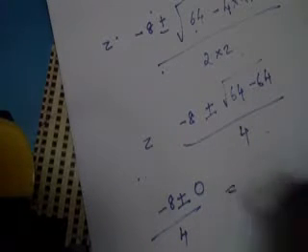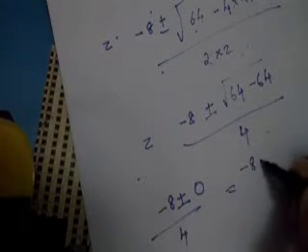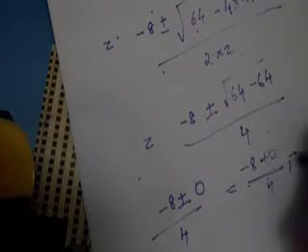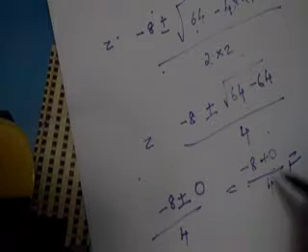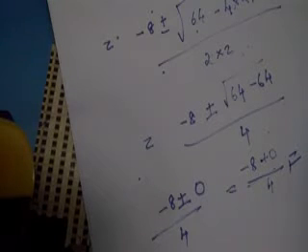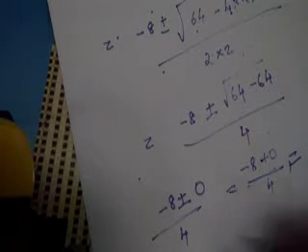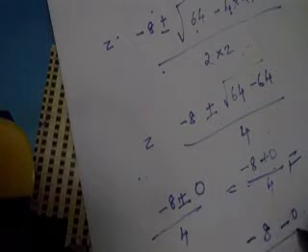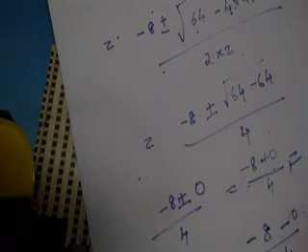That is minus 8 plus 0 divided by 4, which is equal to minus 8 by 4, that is equal to minus 2. And with the minus, minus 8 minus 0 divided by 4, you again get minus 8 divided by 4, which is equal to minus 2.